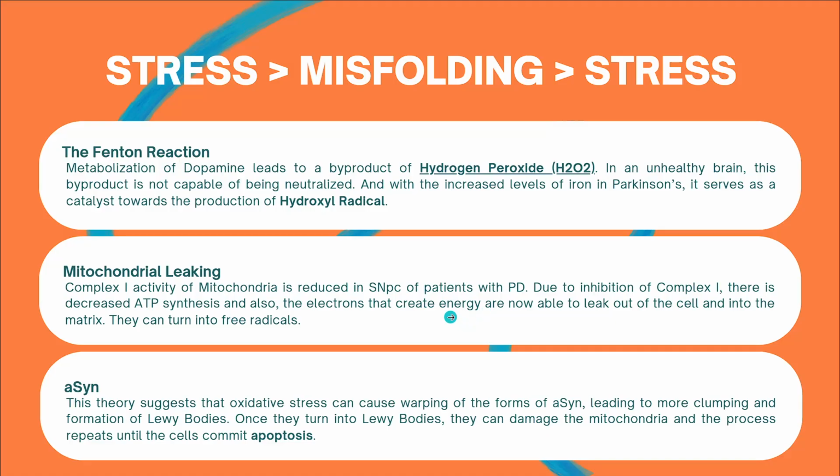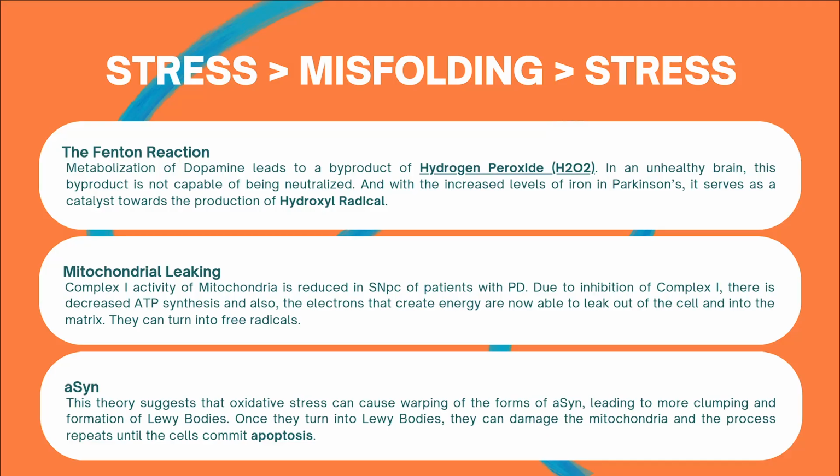Additionally, aside from the decrease in energy production, we also have electrons that are able to create energy, that are not able to stay in, and leak out because of this complex 1 having this problem. You see, one part is affected, everything's affected.